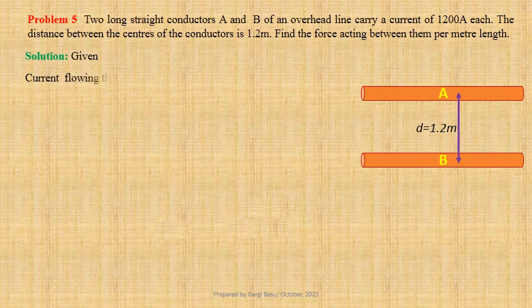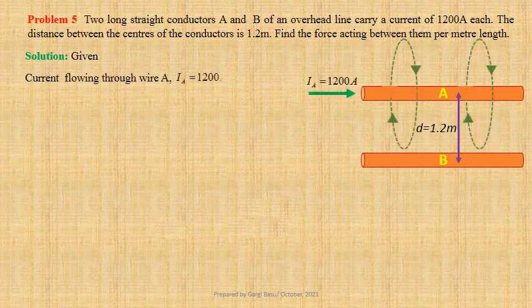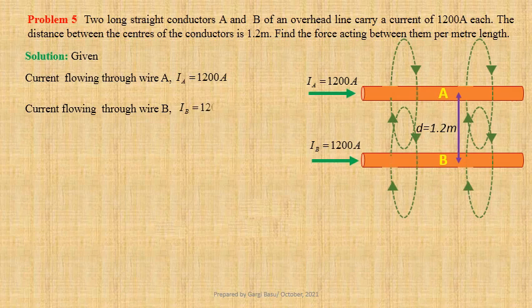Current flowing through wire A, Ia equals 1200 ampere. Current flowing through wire B, Ib equals 1200 ampere. Distance between the wires D equals 1.2 meter.